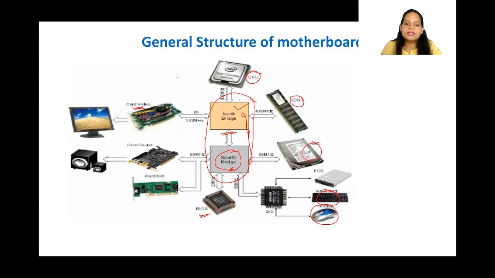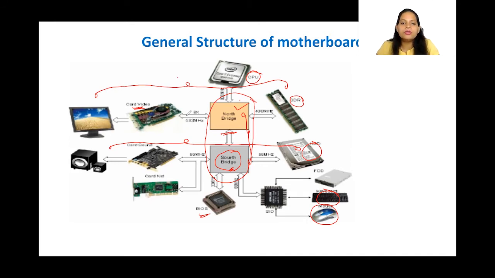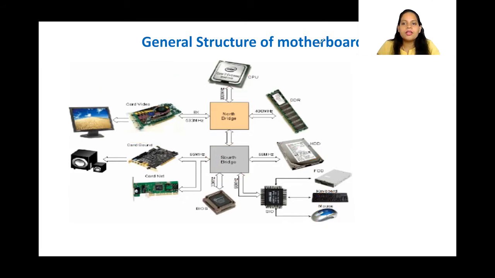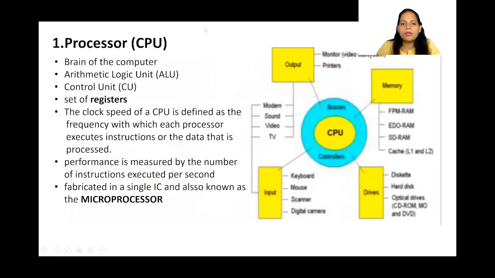It connects the rest of the computer parts, whereas the north bridge is connected to the CPU, RAM, and video cards because it needs high speed for the computer to perform. So in a general structure, you will see two chips, a north bridge chip and a south bridge chip. Together they form the motherboard's core chip. Clear?